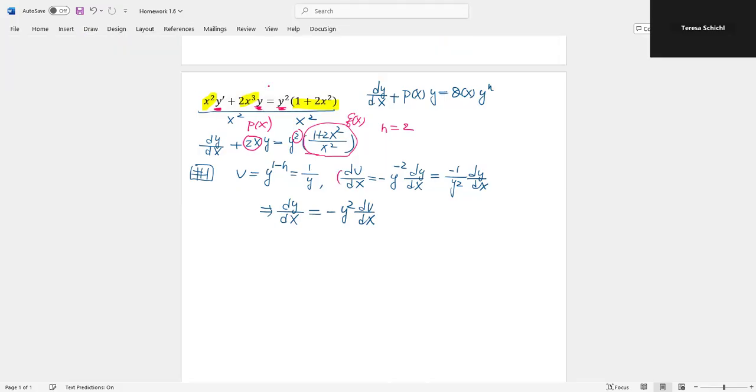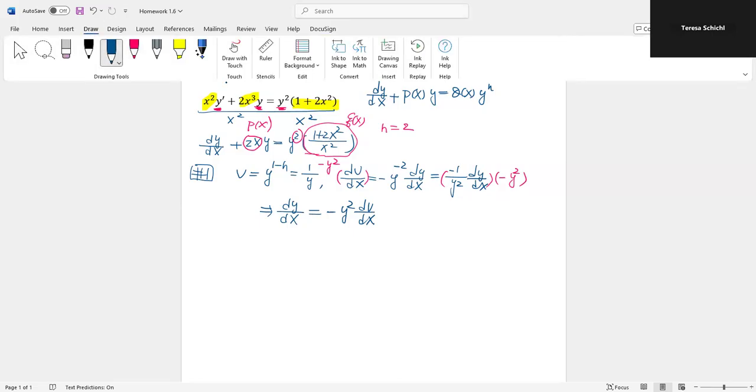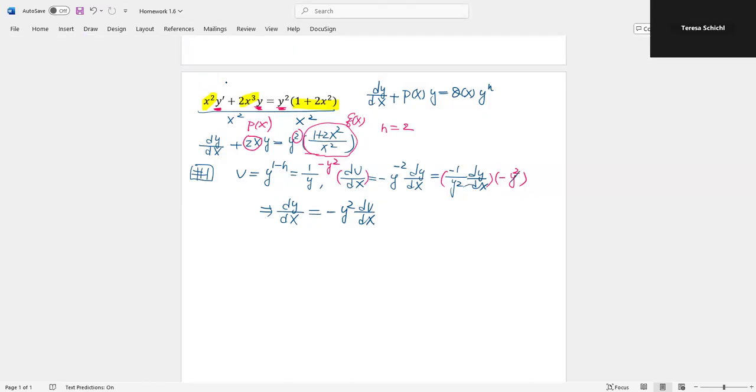That means I multiply the left-hand side by negative y squared, and the same thing on the other side, so these two cancel. That's why I replace the dy/dx with a function of dv/dx.